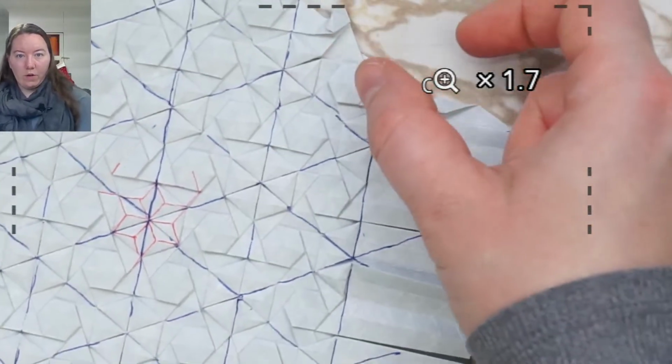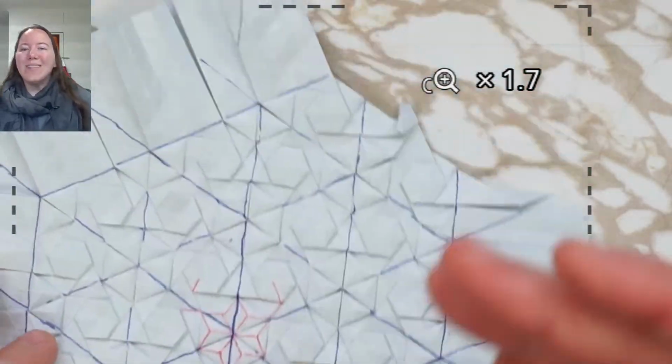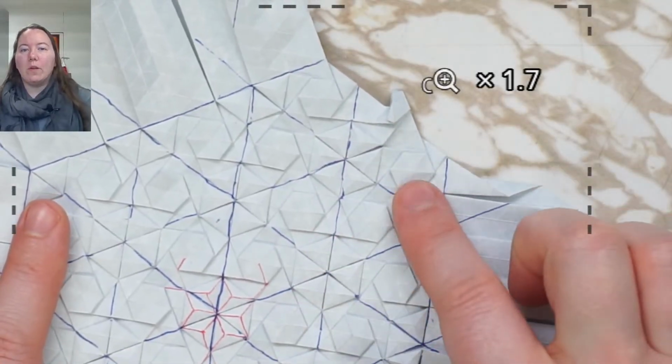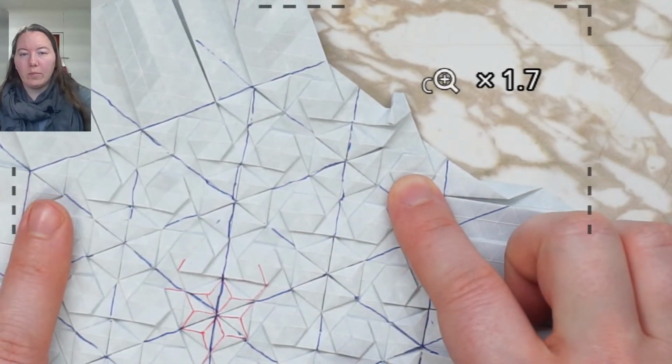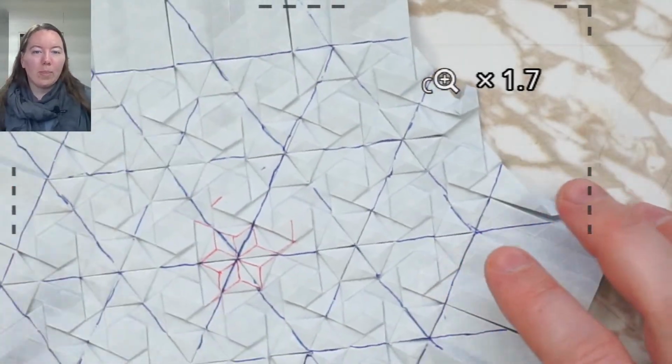And so we would do that chunk out this side and then this side. It's a lot easier on this pattern to do that because we're using closed hexagons in all the hexagon positions, because we're using all the twists on the same side of the paper.